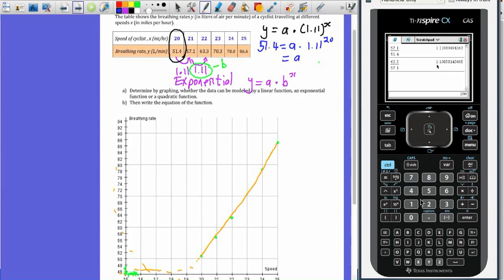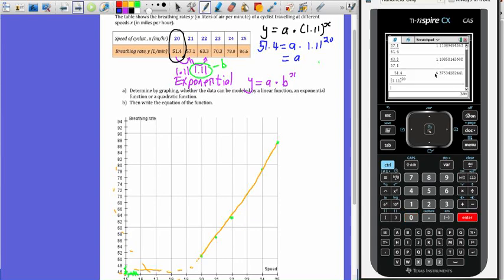So I'll do 51.4 divided by, I'm going to open a set of parentheses, 1.11, raised to the power of 20, the corresponding x value.